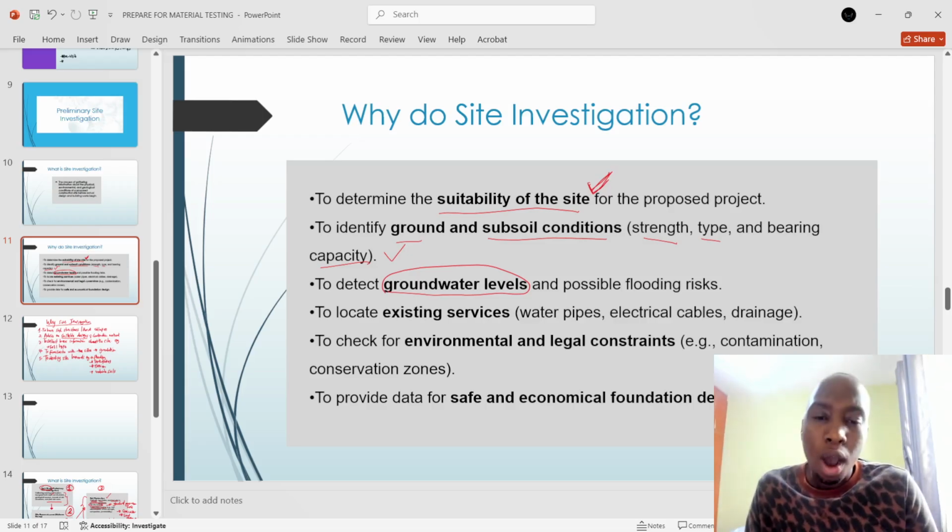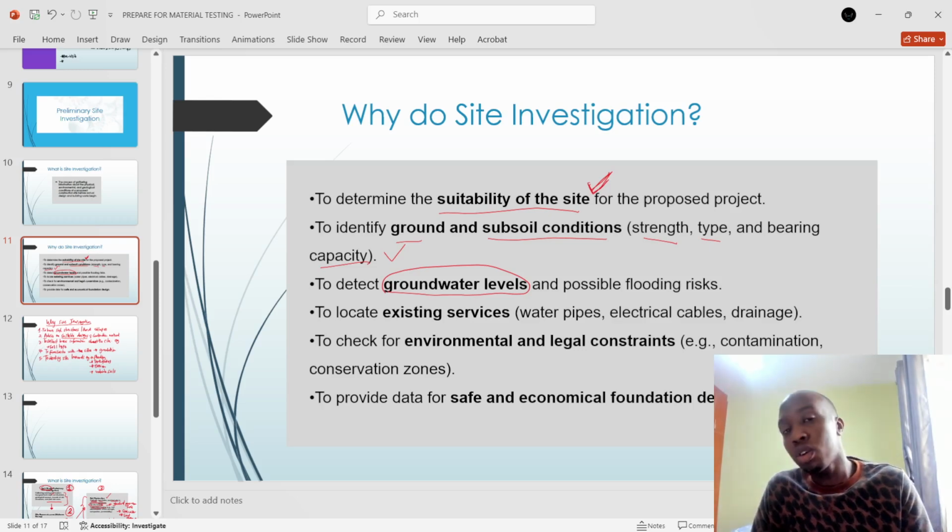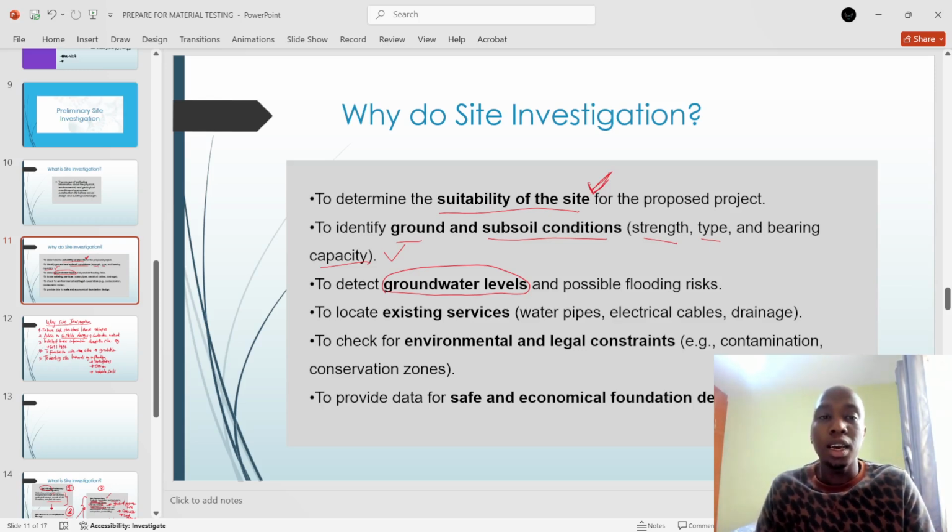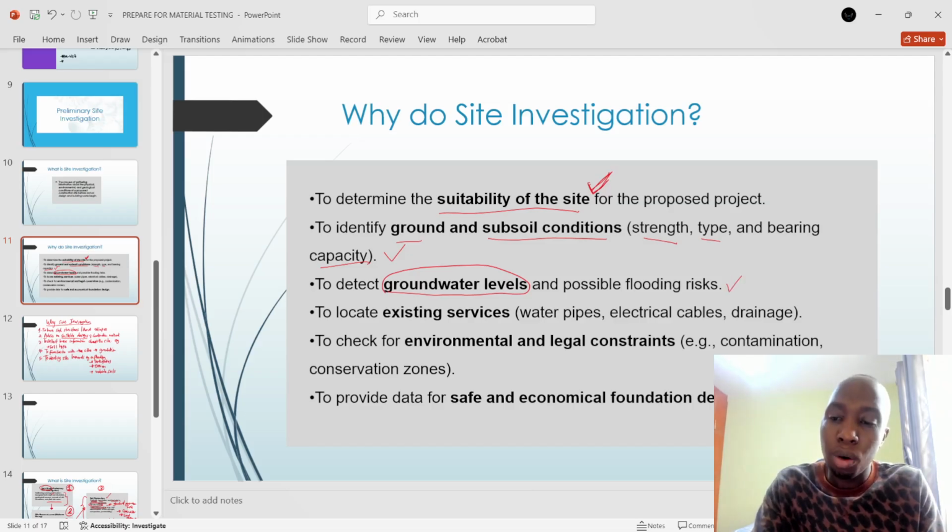Very good. Why do you think it's important for us to detect the groundwater levels? Because groundwater also plays a role, when you realize that this was the water table. Any change in water table will cause loosening of soil because of development of things that we call flow nets.